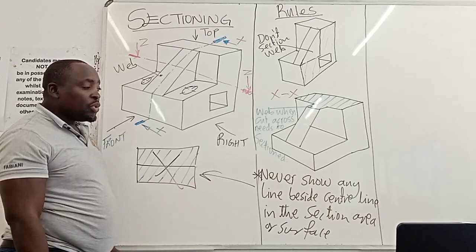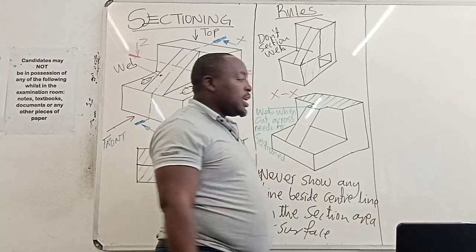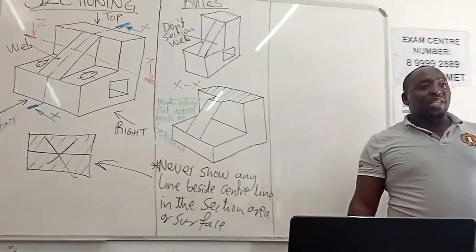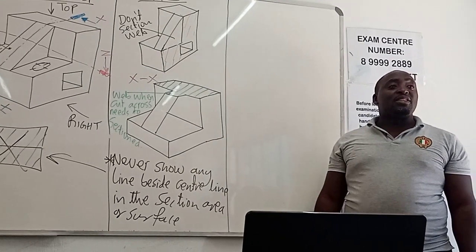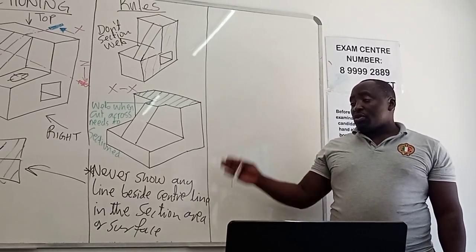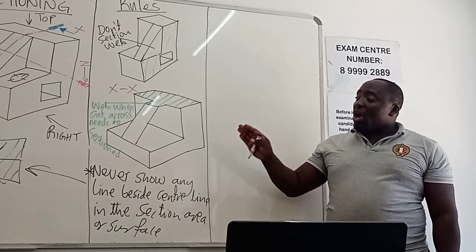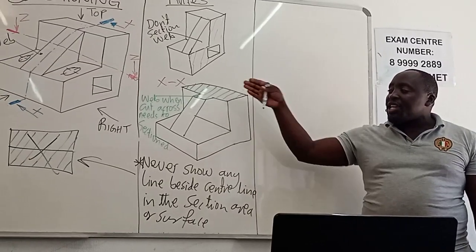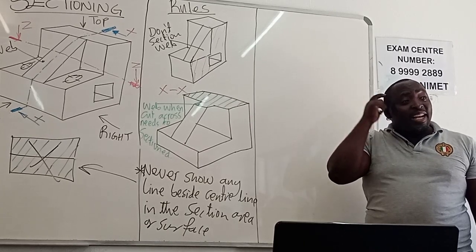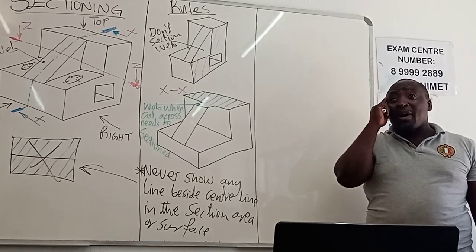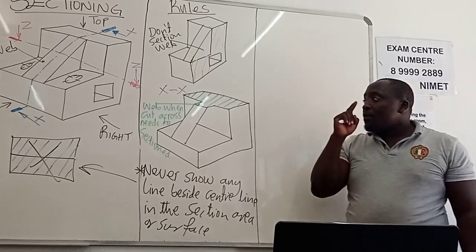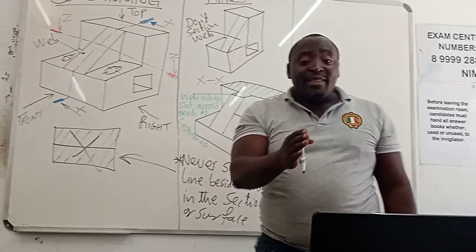We want to do the right things. We are not here to cause accidents in the designs, because it starts with the designs to cause accidents, then it goes to humanity. We want to do things the right way. So please don't show a line inside the section area. Remember that. Whenever you see a line in the section area, you ask yourself, what am I doing? Do you understand there online?